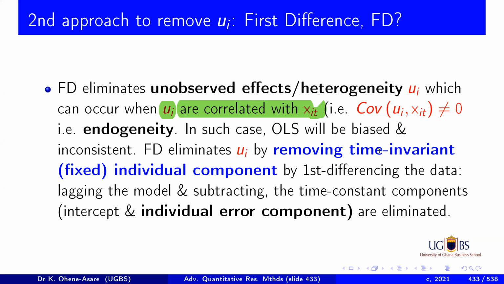There are some factors that are static over time, and I'm going to ask you some of them very soon. Such factors are removed by the first difference approach. It does this by differencing the data, lagging the model, subtracting the lags, and then all the time-fixed components, the time constant, the intercept and all individual components, are eliminated.